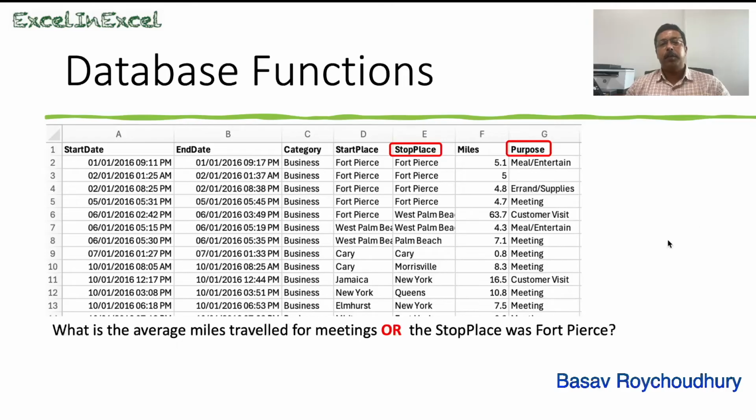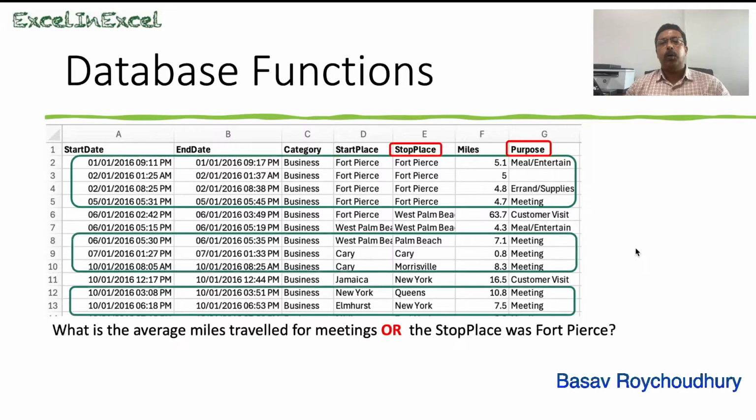Therefore, again like before, we will need to figure out what are the records which satisfy the condition. So purpose, in this case, if you look at the first record, the second record or the third record, none of the purpose are meeting. However, they are all stopping at Fort Pierce, and therefore these records get selected. The fourth record satisfies both the conditions and therefore gets selected.